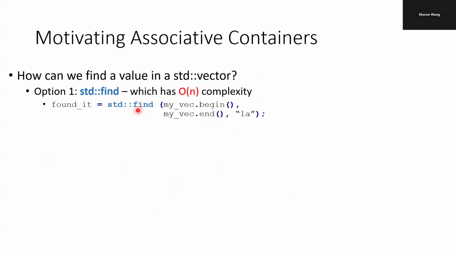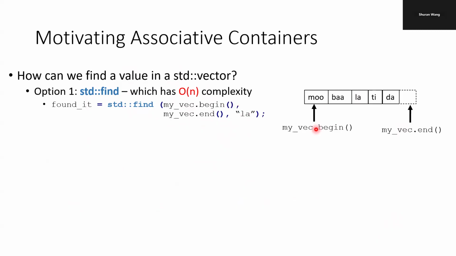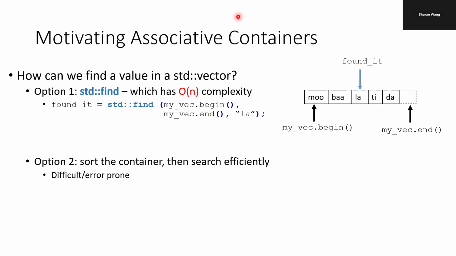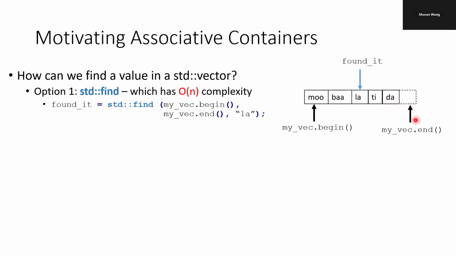This find function is defined in the STL, so you don't need to write it. And this function has O(n) complexity. So if it finds the value, it will return the iterator pointing to that value. If it doesn't, it will return vector.end.